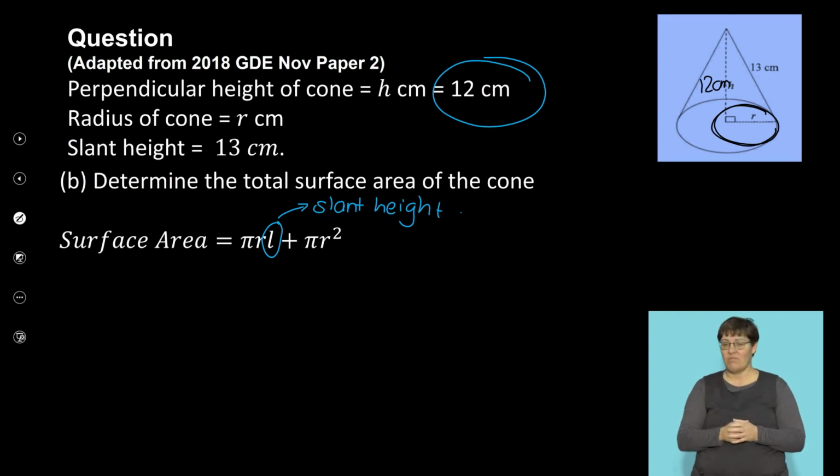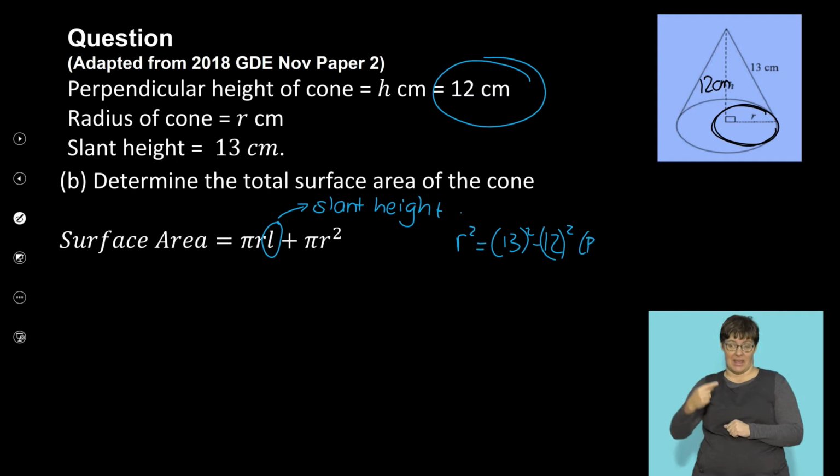So let's calculate r. We know that r squared will be equal to 13 squared minus 12 squared because of Pythagoras. Which means that r squared will be equal to 169 minus 144.